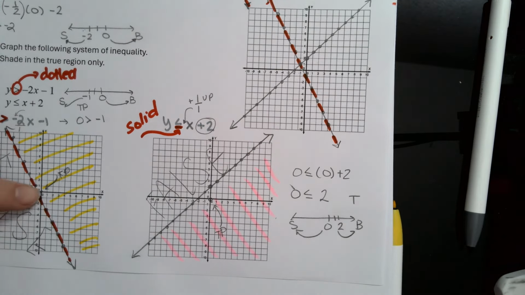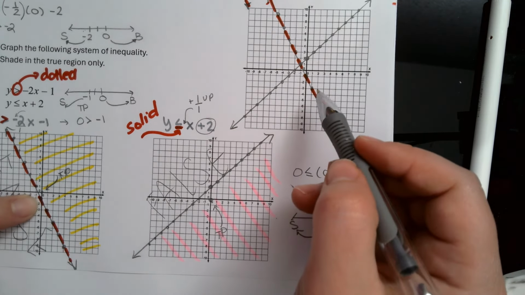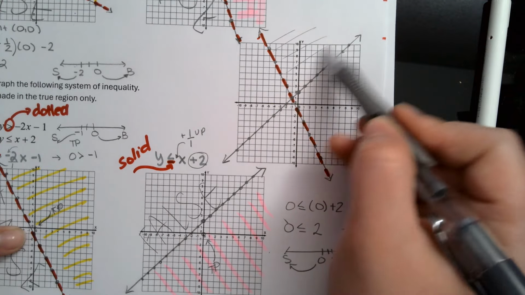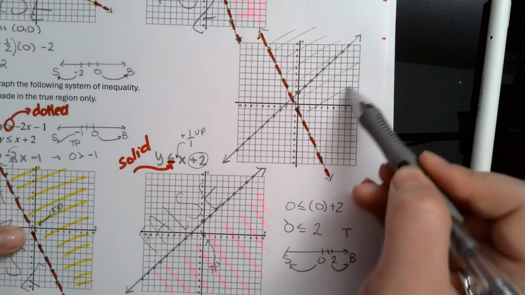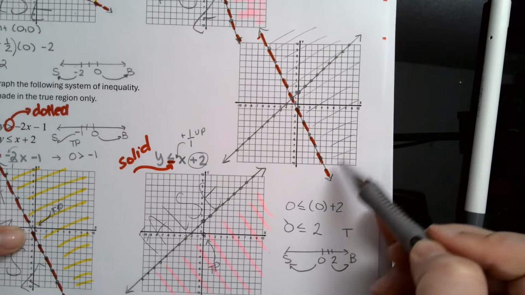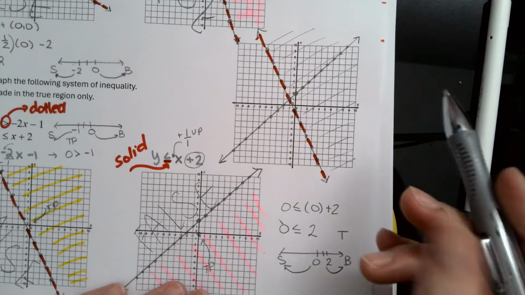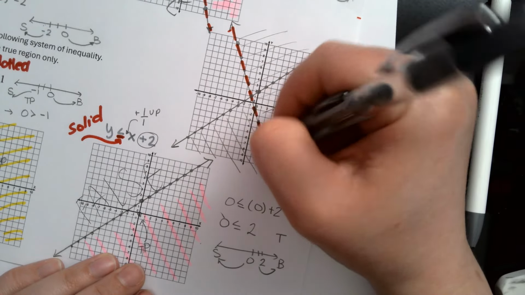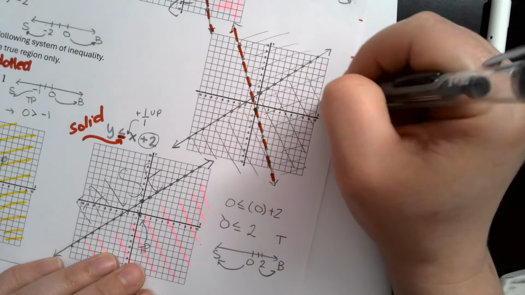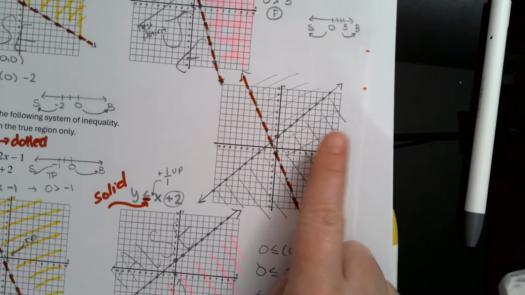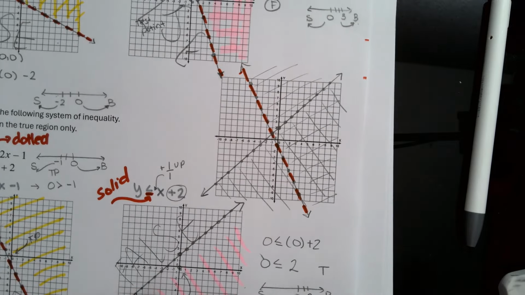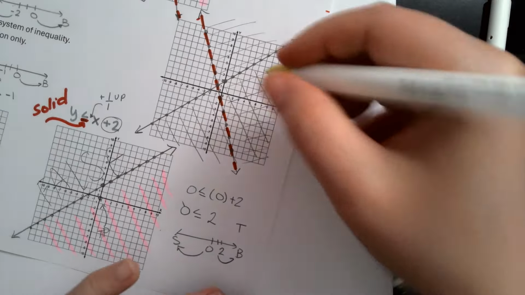Okay, so everything to the right of my red dotted line is going to be true. I'm going to do this in pencil, and then I will redo this in my colors. Anything below my solid line is going to be true as well. So what I'm looking for is that double intersection, which is this section right here, of my two true regions.